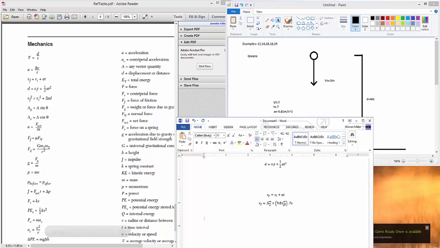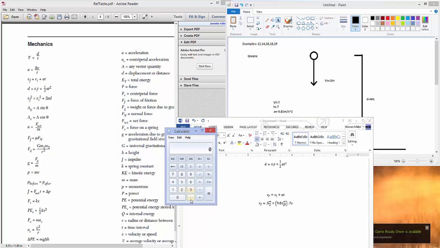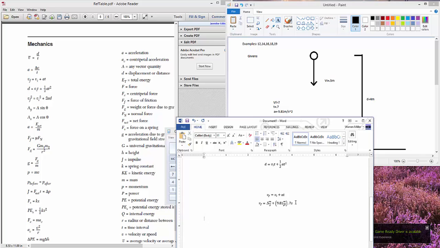Pull out the calculator, right? All I've got to do is take 0.7 times 9.81, so that's 6.867. So this new thing is now going to be 6.867.